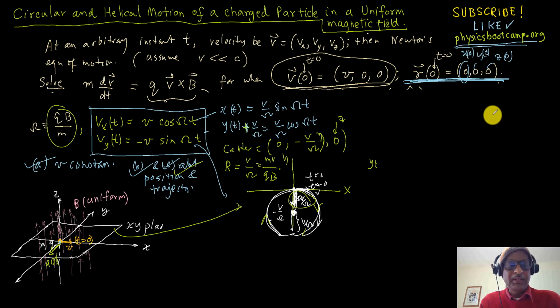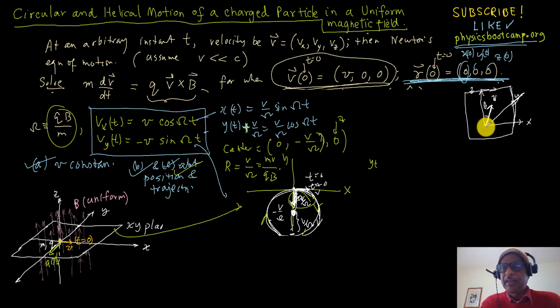And for simplicity, I'm going to say that at t equals 0 it is in the xz plane. So this is the x direction, and this is the z direction, and v is pointed in this plane at angle theta, and the y direction is that. But this is in the xz plane.